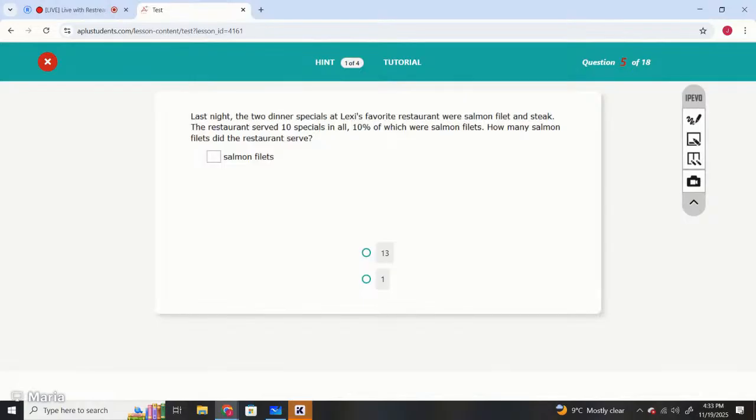So, 10% of 10 is 1. Option number 2 is the correct option. That is 1.